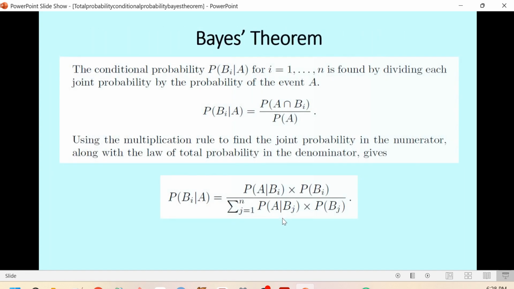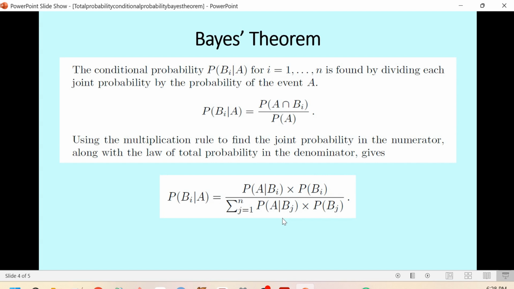So now we can change the sequence for conditional probability. We now want to know the probability of Bi given A. We can use the same conditional probability. Bi given A equals the union of A and Bi divided by PA.